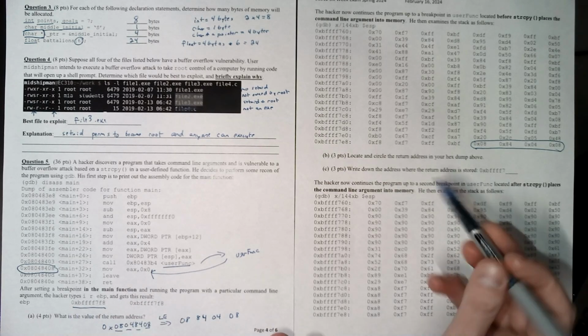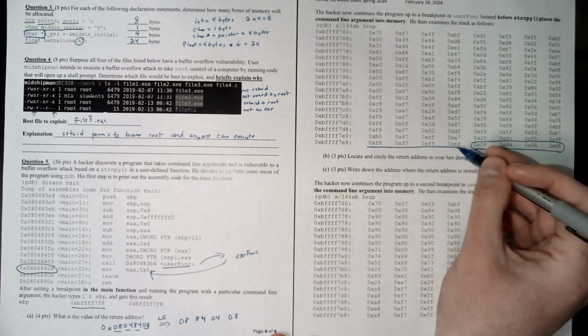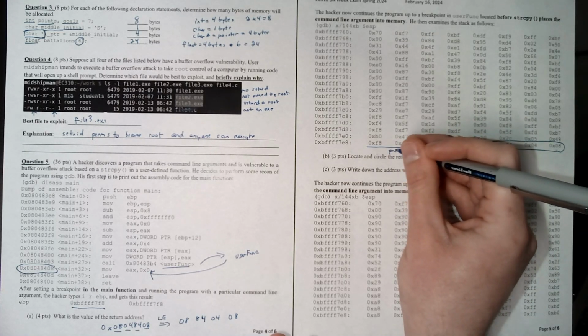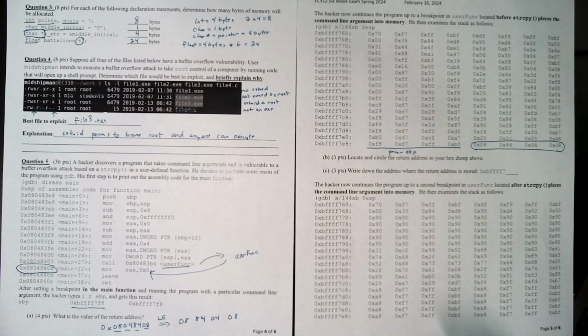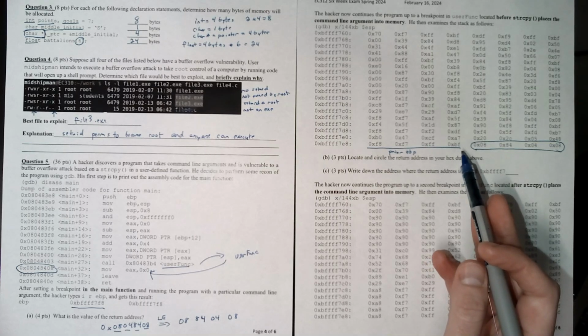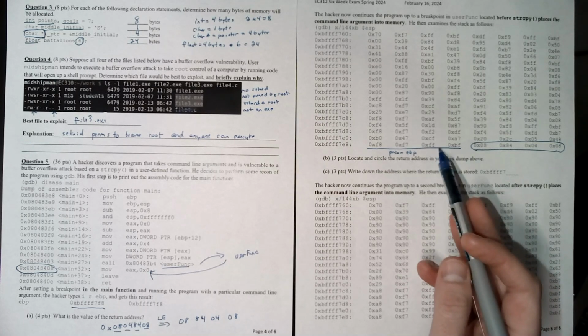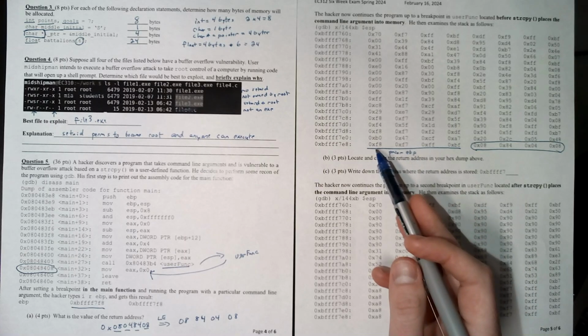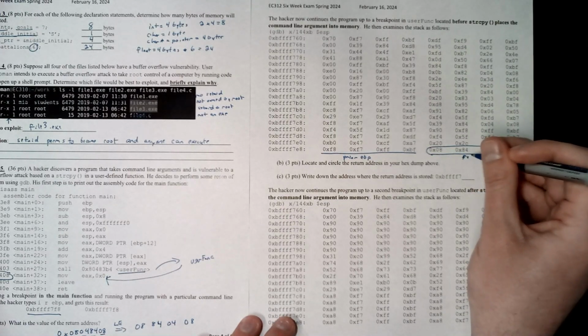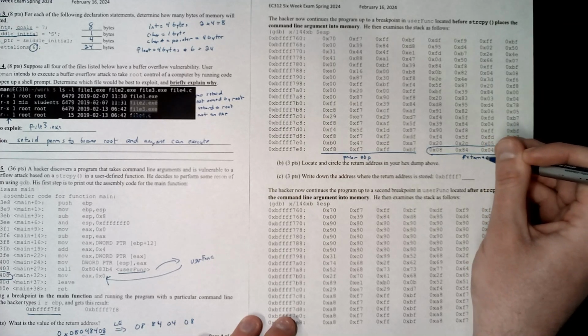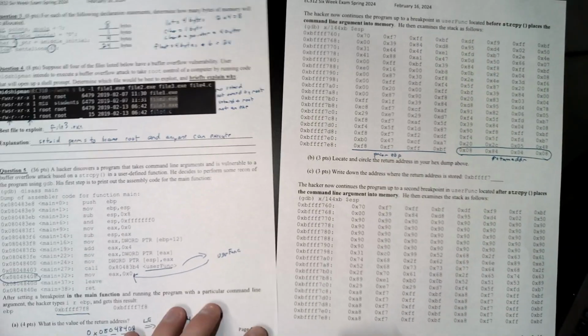And the next thing in memory after our return address, based on what we know about the format of the stack, should be the prior EBP. If that's the EBP that was in main, we should see this BFFF F7F8 that we were given as the prior EBP value right after the return address. So that's our return address, and prior EBP is there.